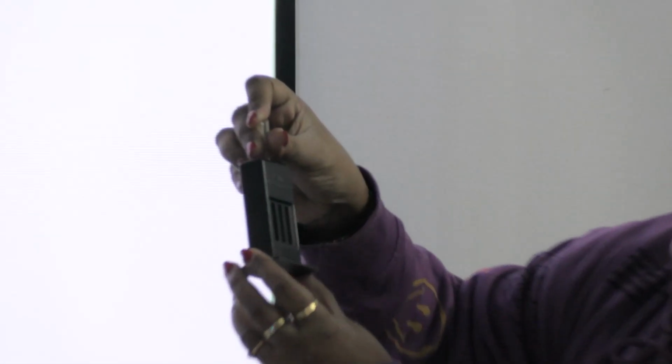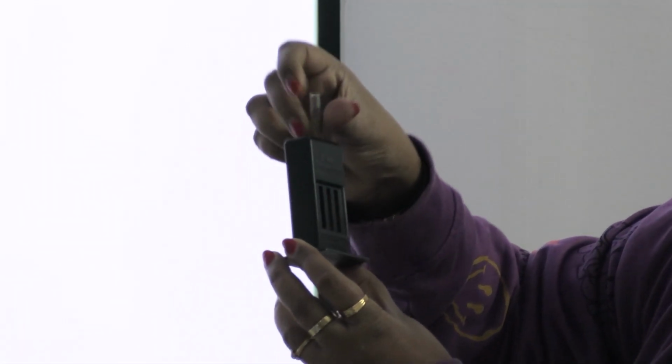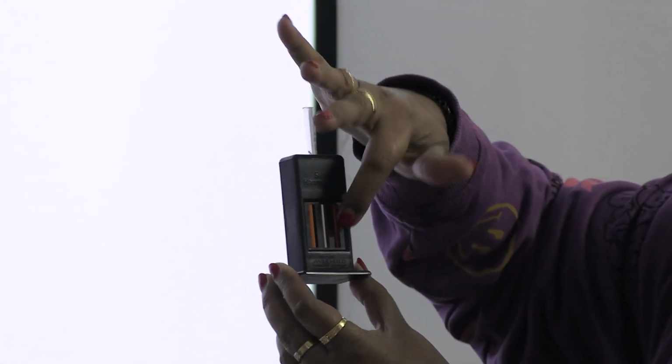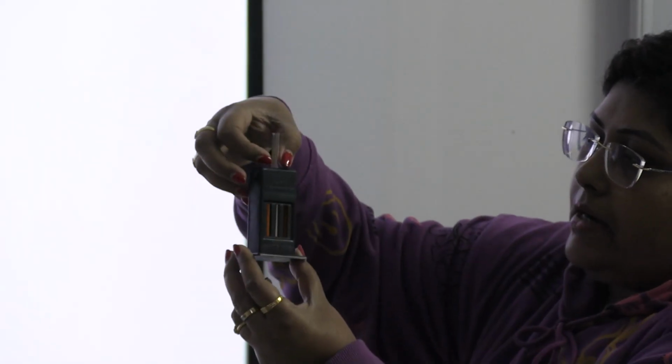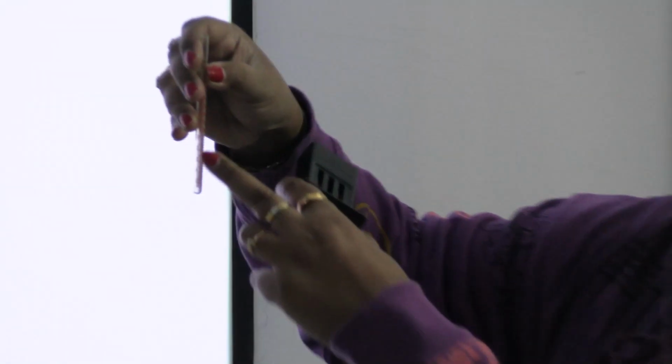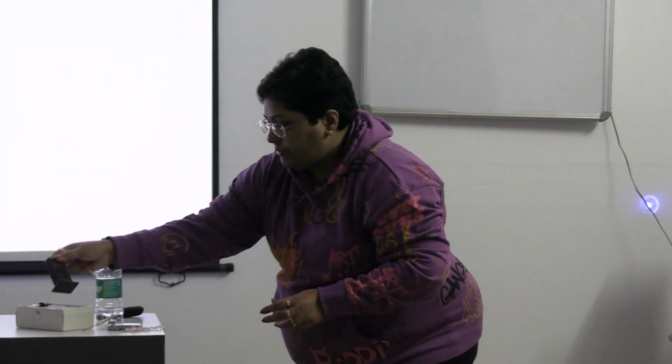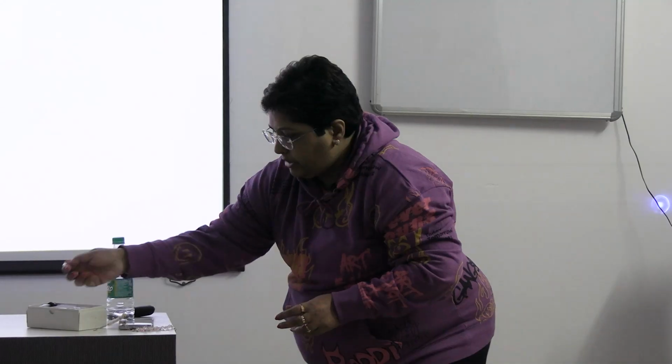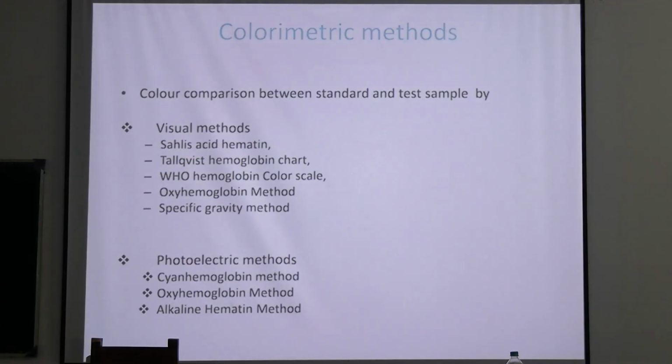Here you put this like this and you have to compare the color of this with the color from this side. By seeing it with your naked eyes you have to compare the color and then you can give the hemoglobin percent from here. Here is the reading. Okay, this you will have to do by yourself. So the next class you will do it by yourself. This is Sahli's acid hematin method. This comparator box and these things are used for Sahli's acid hematin method.